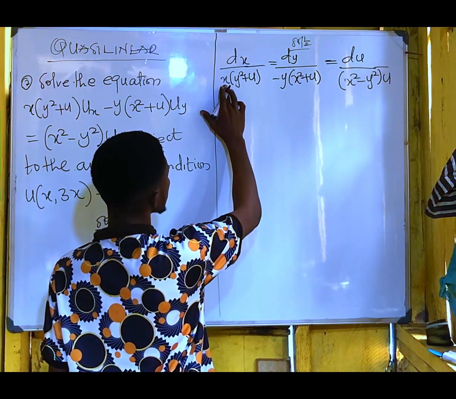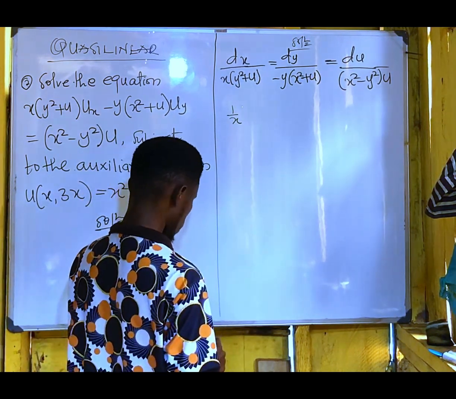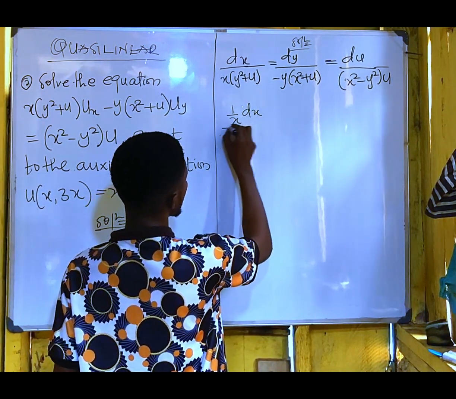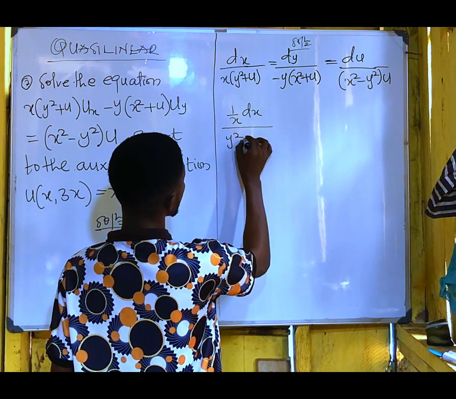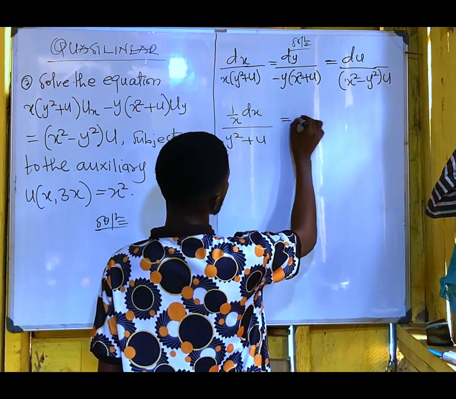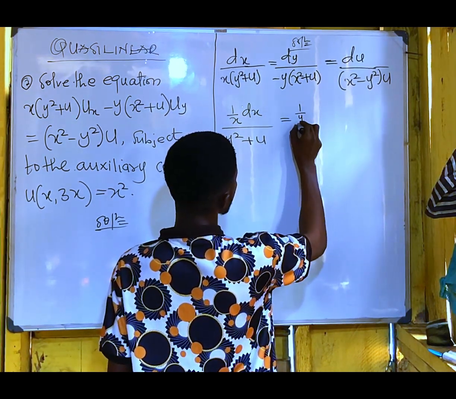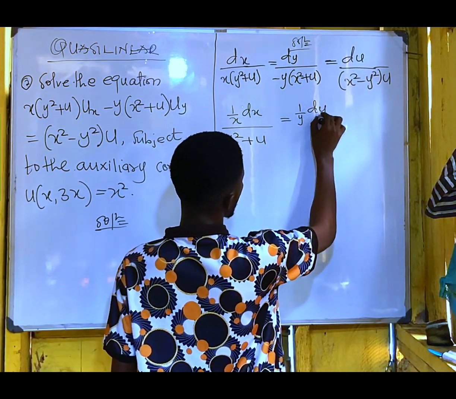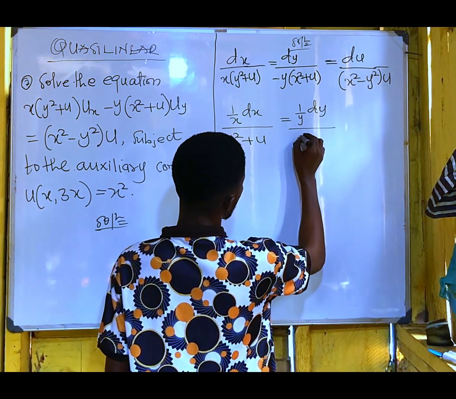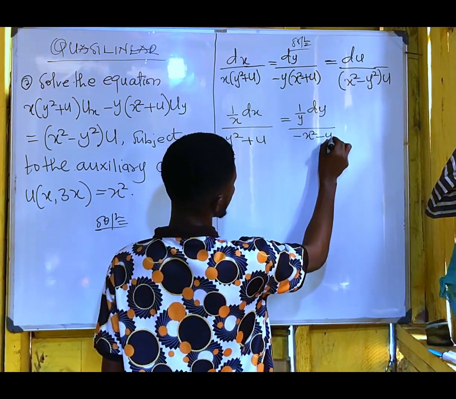Now I can write this one as 1 over x dx over y squared plus u, and I can write this one too as 1 over y dy over negative, so the negative times this will give you negative x squared negative u.